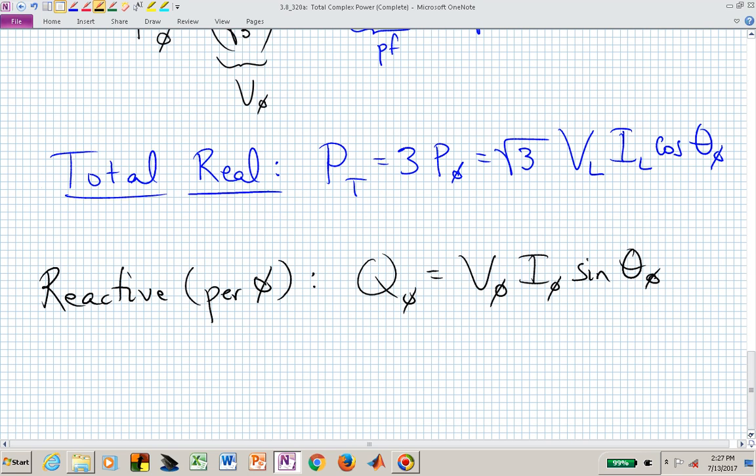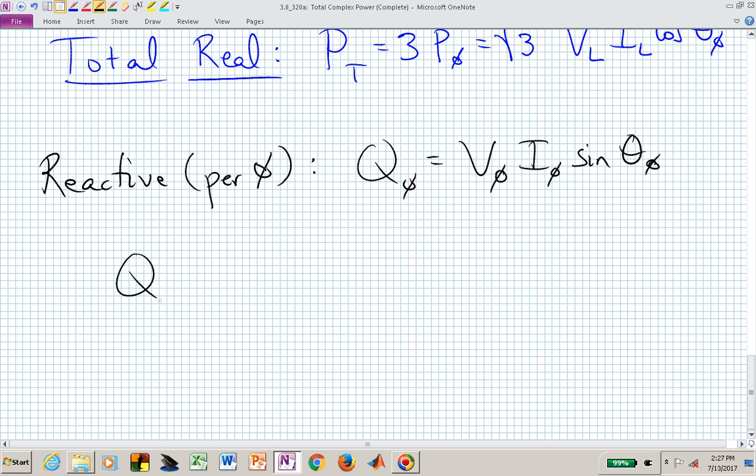Or written in terms of line variables, V sub phi in this Y configured load is now V sub L over the square root of 3, I sub L sine theta sub phi.